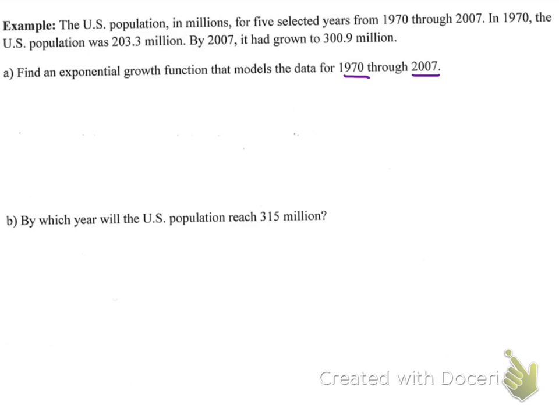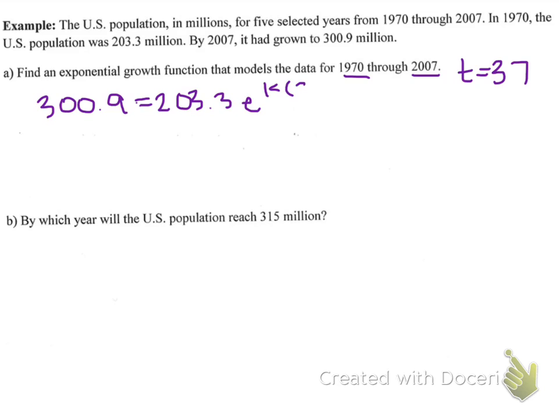So the difference between these two is going to be 37 years. So t is 37. And our starting population was the 203, and the 300.9 is the ending. So I have 300.9 equals 203.3 e to the k times 37.